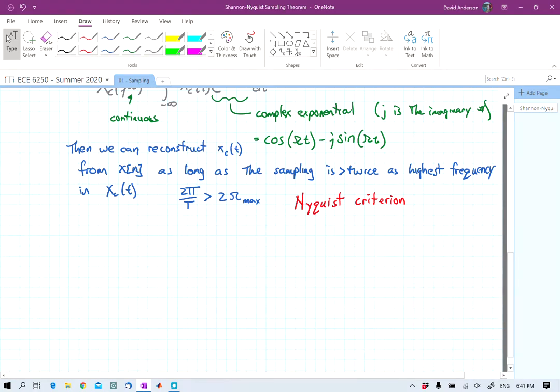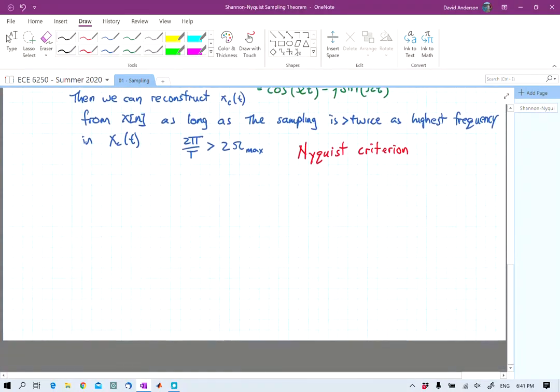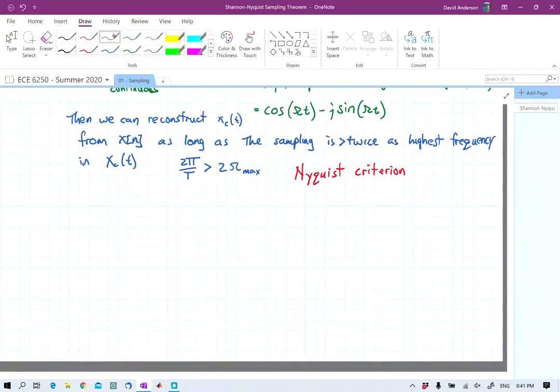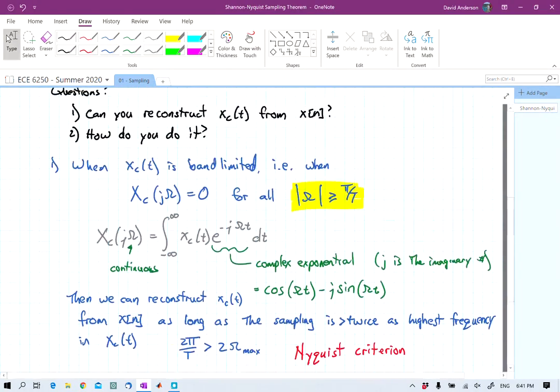But primarily, if you have something that is band limited in a narrow band, as opposed to just below a frequency, such as between two frequencies, then the Shannon theorem lets you get away with sampling at a little bit lower rate as long as your rate is twice as high as the bandwidth of this bandpass signal.